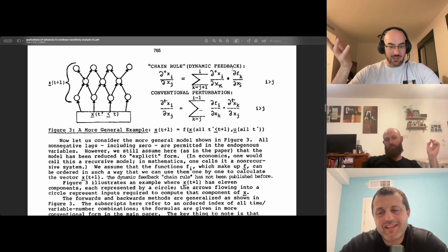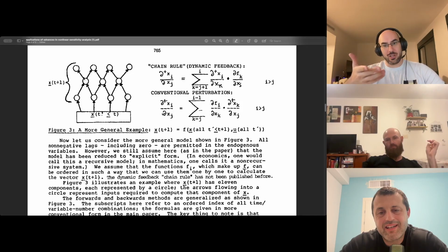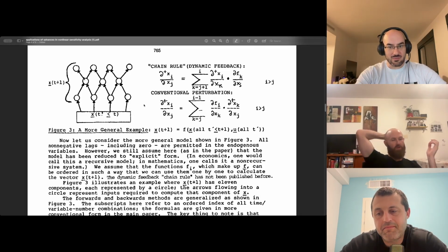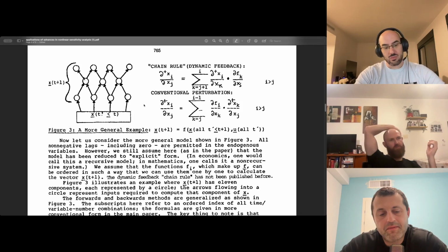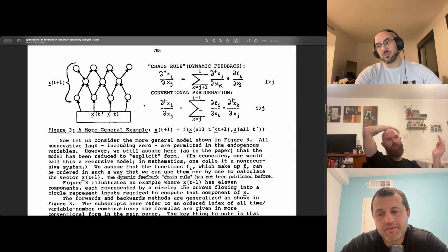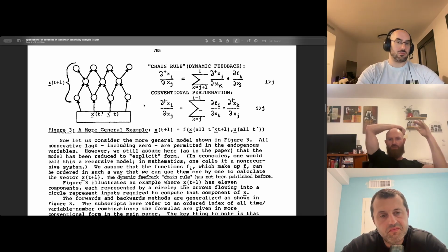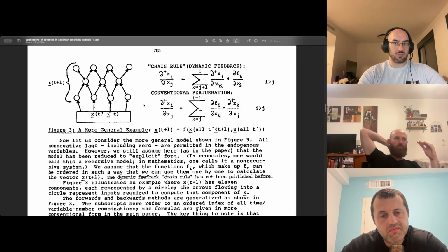So, do you have a good way, Daniel, to explain this diagram to the people listening? I would say, yeah, you can imagine some kind of multi-layer perceptron. I think the main claim here, he's trying to generalize what he said before. And now you also have, let's call it hidden layers or something in between the input and the output, and then you have the chain rule as we are used to.